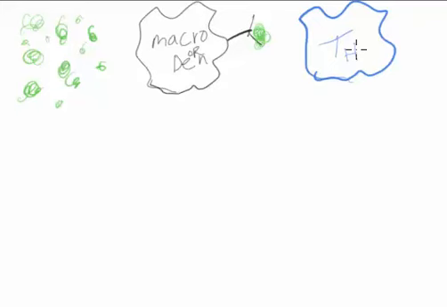T helper cells have a specific receptor on the outside of them called a T cell receptor, and that T cell receptor interacts with the particular antigen being presented on an MHC type 2. So not only does it have to be a particular antigen, but it's got to be an antigen being presented by a phagocyte in order to activate that T helper cell.